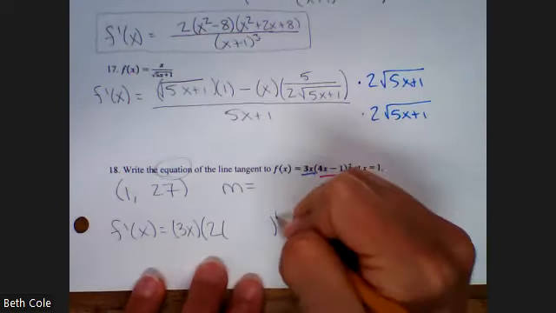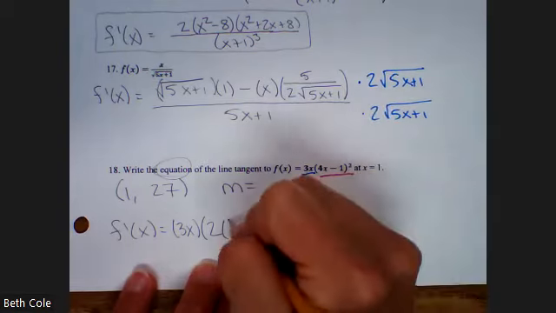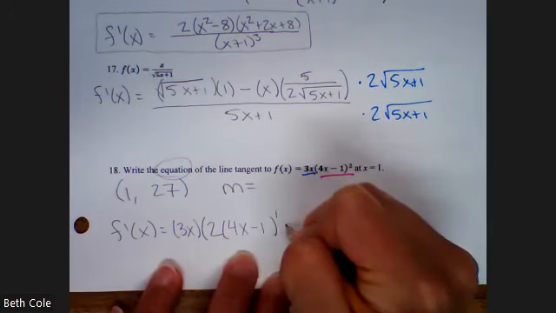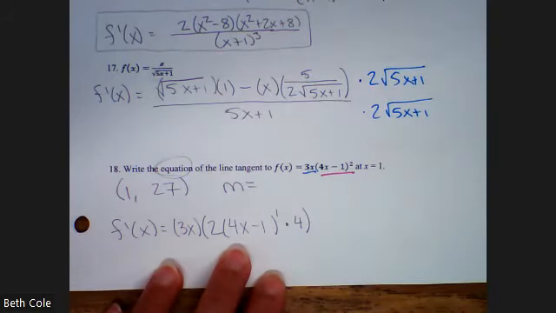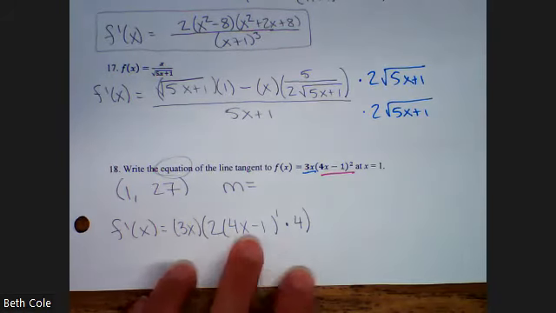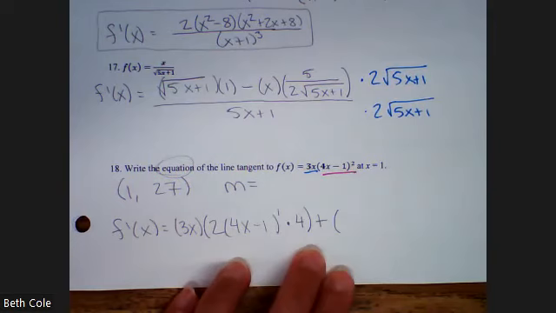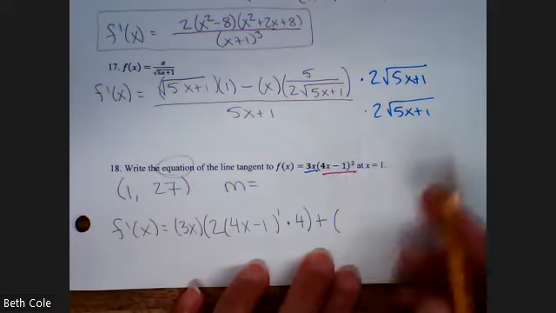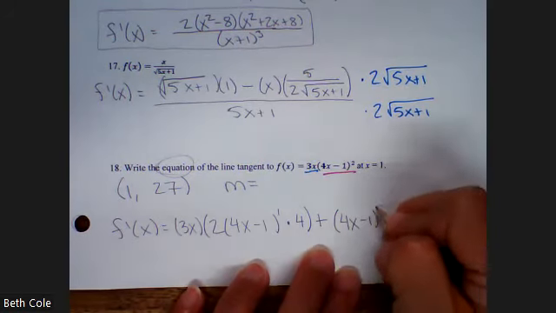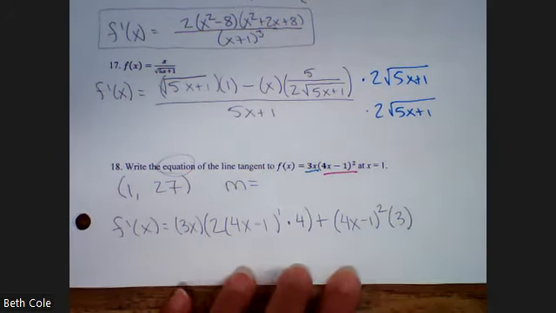What do I put inside of there? 4x minus 1 stays the same, and then chain on 4. So first, derivative of the second, plus what comes next? Thank you. And then 3.